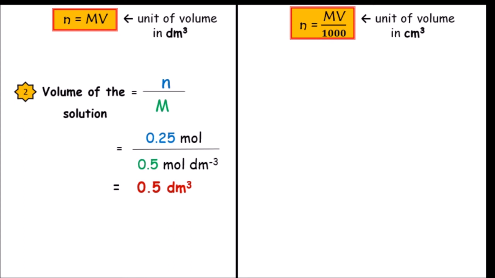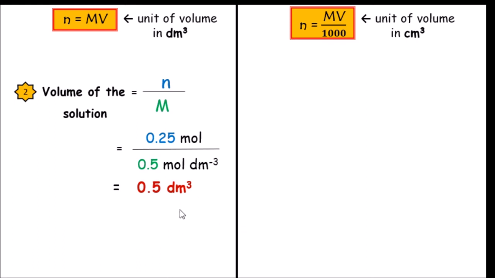And now, the unit is in dm cube. So, if the question asks you to find the volume in cm cube, what do you need to do to change the dm cube to cm cube?